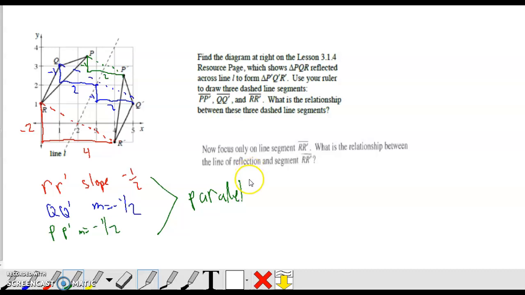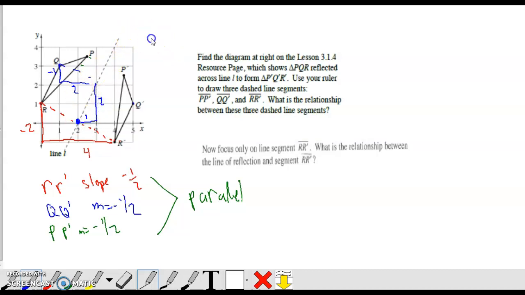Okay, so the other thing I want to point out here is this. What do you notice about R prime and the relationship between the line of reflection? So go ahead and find the slope of this line of reflection. I'm going to go ahead and erase this now for just a second. You can always draw this back in. Oh, my picture's gone. Oh, and it's back. Okay, so if I go over 1, and notice I go up 2.